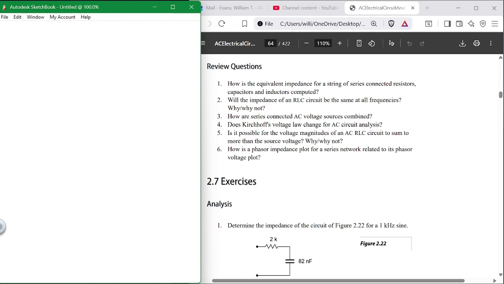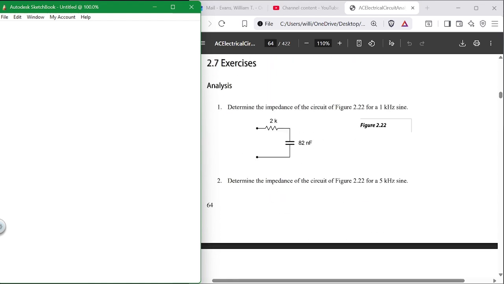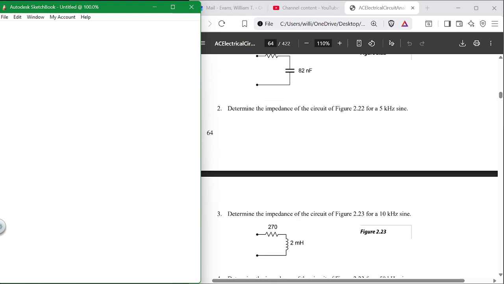Let me just look at a few of these, because I have done these. I haven't done them for a little while, but I have done them. Let's go through and look at a few of them. 1 through 12. These are the same that we just did.